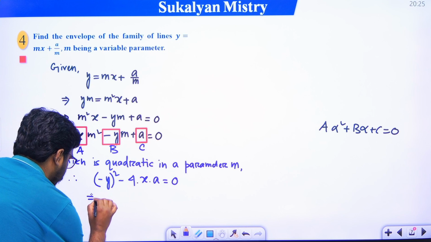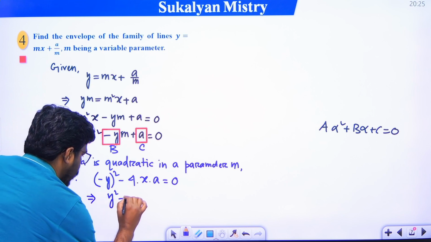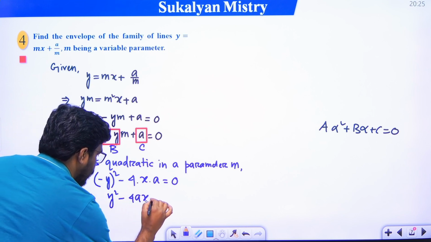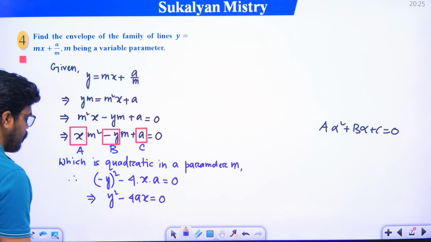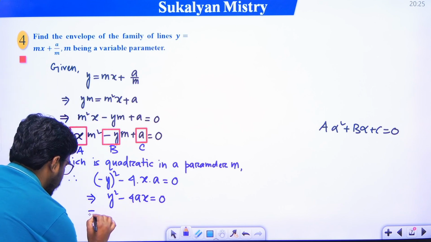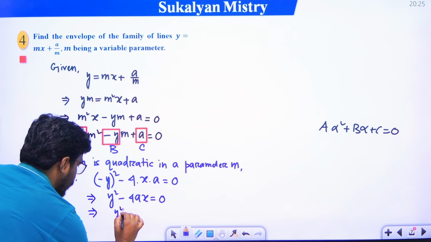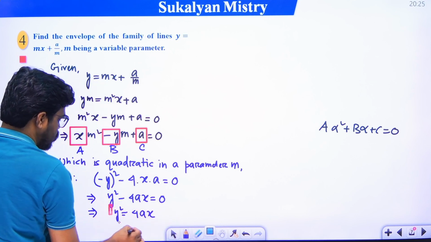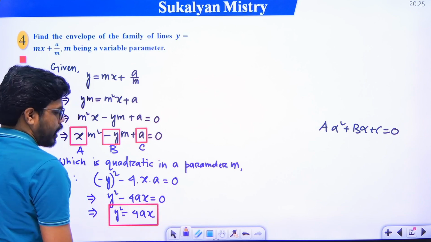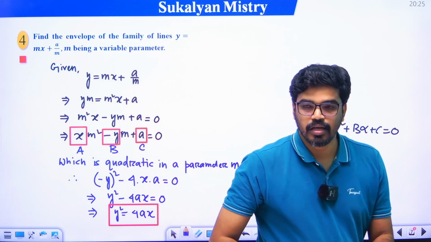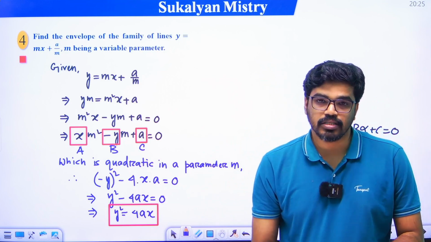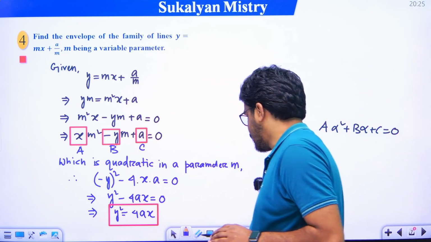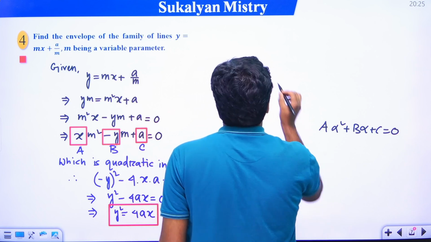So this implies y square minus 4ax is equal to 0, right? So this implies y square is equal to 4ax. So basically this is the equation of a parabola, right?